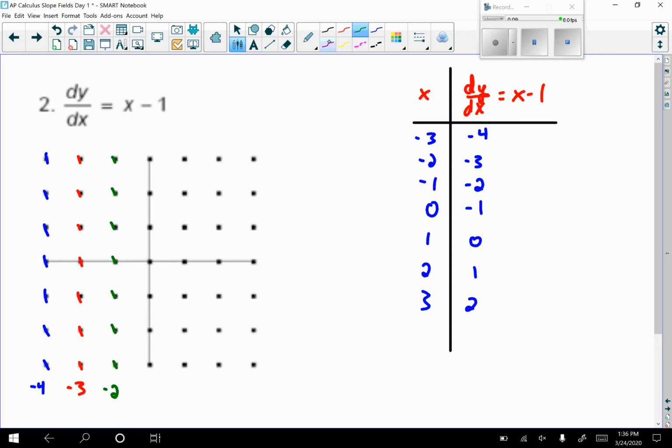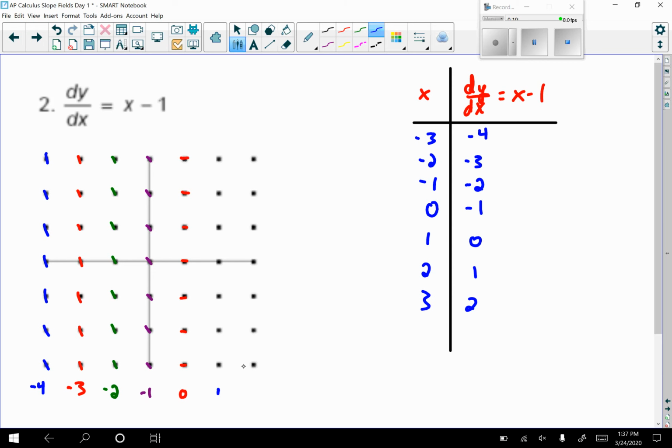At 0, we would have a -1. So again, I'm kind of lining it up with this just to show. You could use your ruler. At 1, we're going to have 0, so that's the easiest one to draw in here.